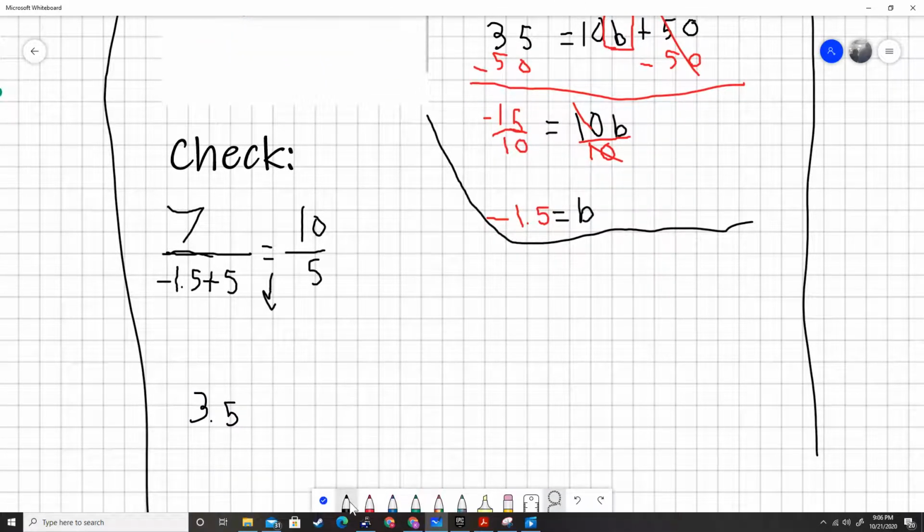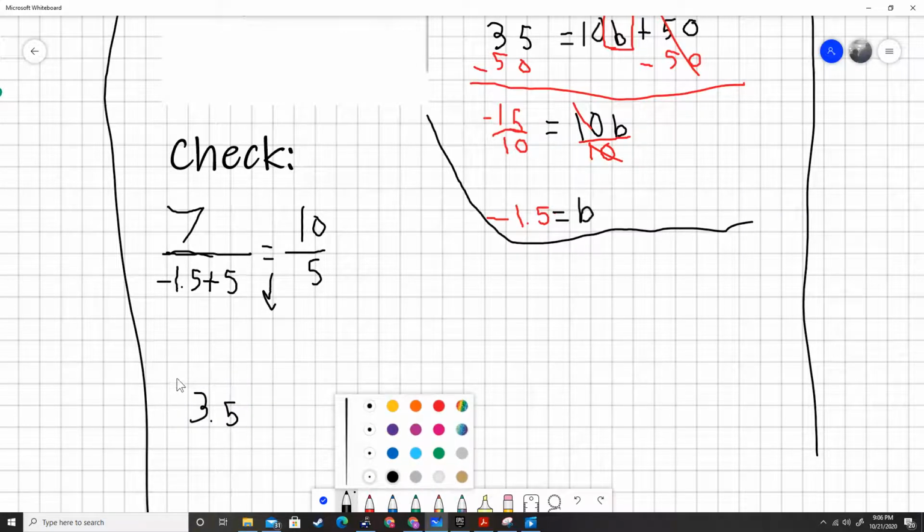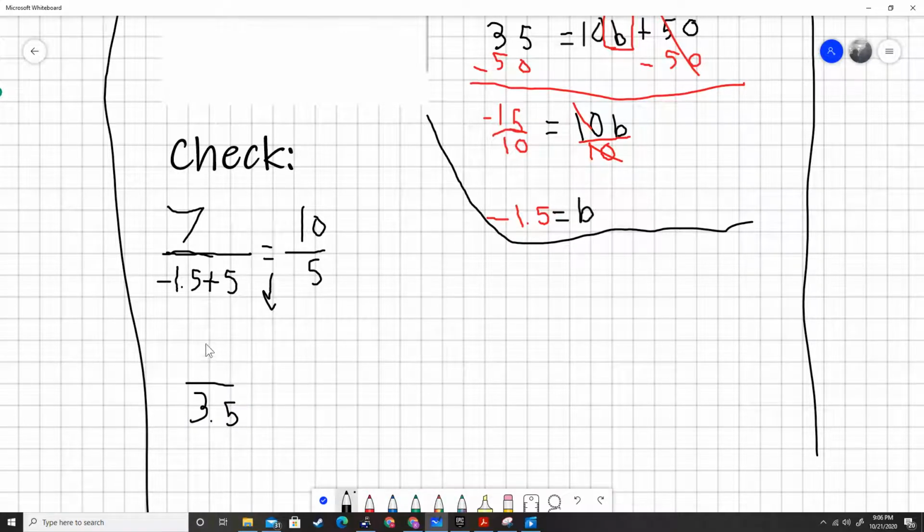So we have 3.5 in the bottom of our fraction over 7. Let's make that a little neater. So we got positive 3.5 under 7. On the other side, we have 10 over 5.